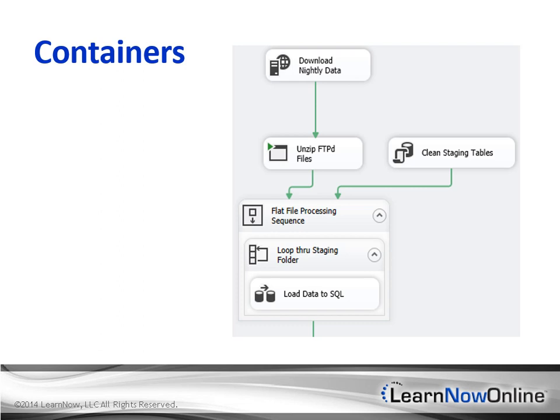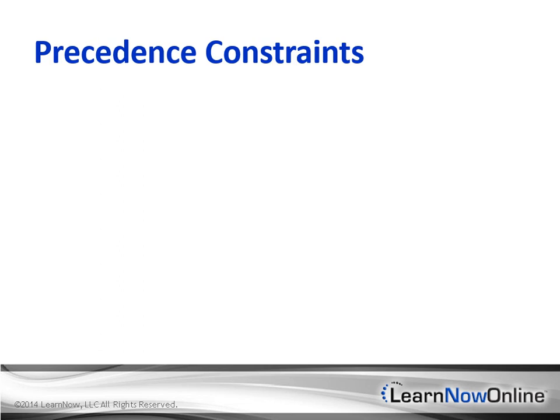And it loads the data into a SQL Server table. By using containers this way, you can define what has to happen to each file only once, and the package repeats the steps for all the files in that folder. The folder could be empty or contain thousands of files, and the set of tasks will process them one by one.